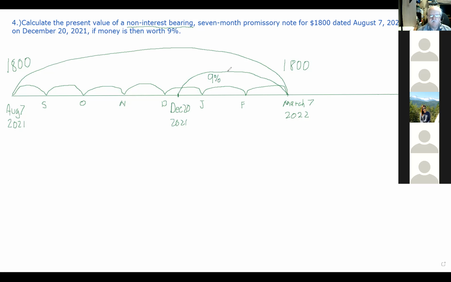So what we have to do is figure out, well, what were they willing to pay for this piece of paper on December 20th? They know that it matures to 1,800 on March the 7th, but they want to get 9% on their money. So we're going to need to know exactly how many days this is.